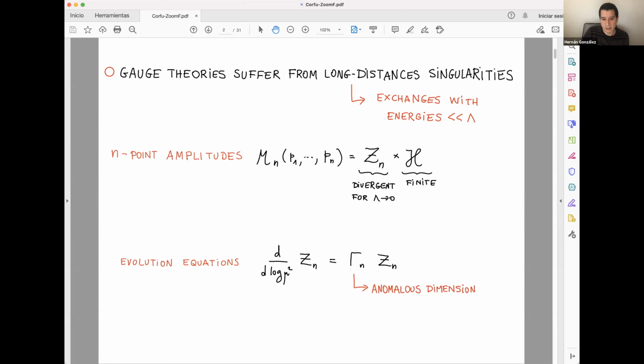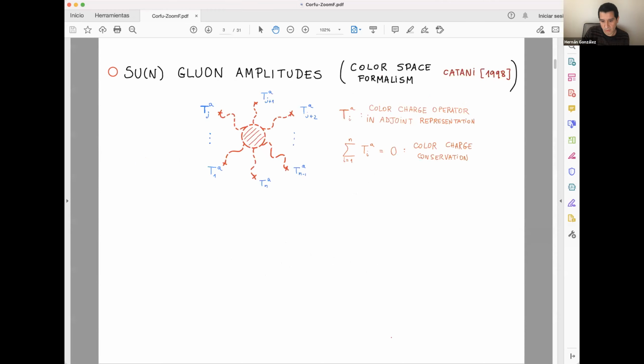But this factorization happens when you separate the hard degrees of freedom from the soft degrees of freedom, and at an arbitrary scale, you have evolution equations for this factor that allow you to find an exponential expression for it. You can find them in terms of this quantity called the anomalous dimension.